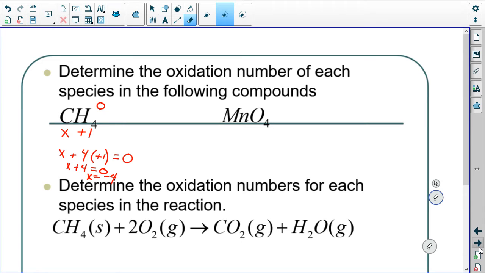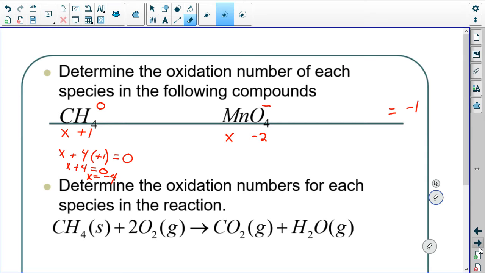Now, I am missing a typo here somewhere. MnO4 negative. Okay, put a negative sign up there. So what that means is there's 1 extra electron in this system. So when I make my equation, I have to equal it to -1, because we do have 1 extra electron in the system. Each of those oxygens will have a -2 charge, and this manganese will have an unknown charge.